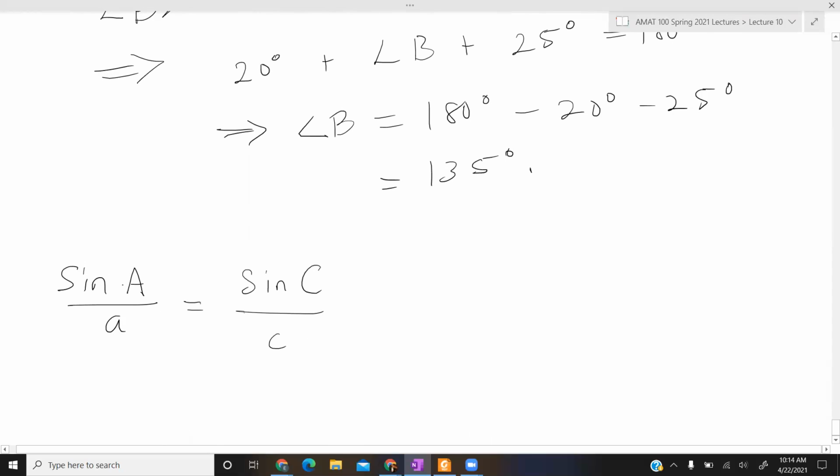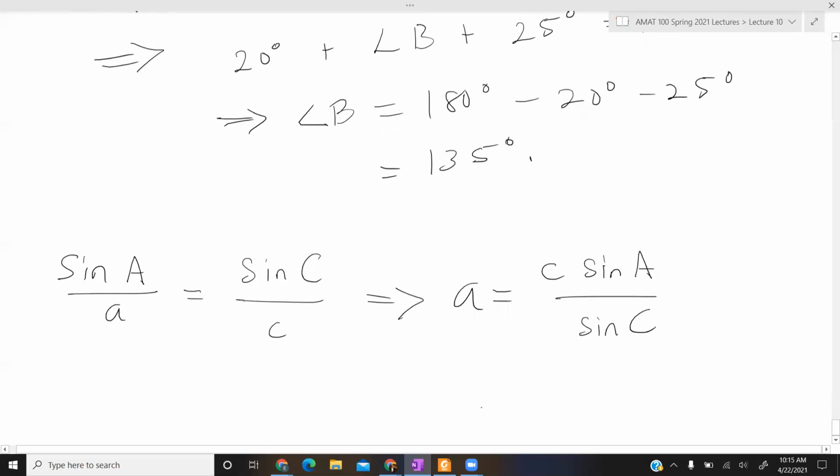So we know sine of A, we know sine of C, and we know C. What we want to solve for is A. If you do the algebra, you get A is equal to C times sine of A over sine of C.